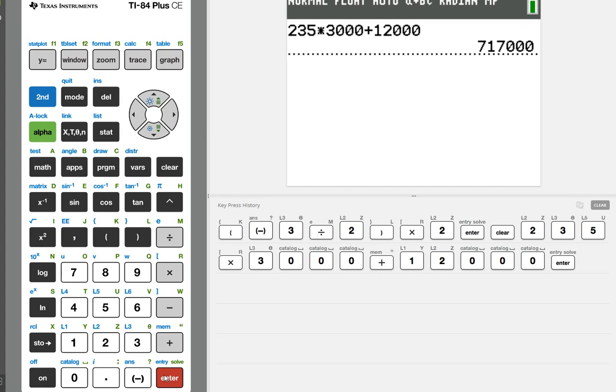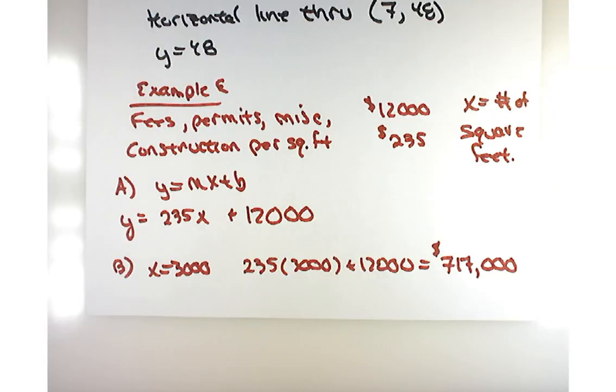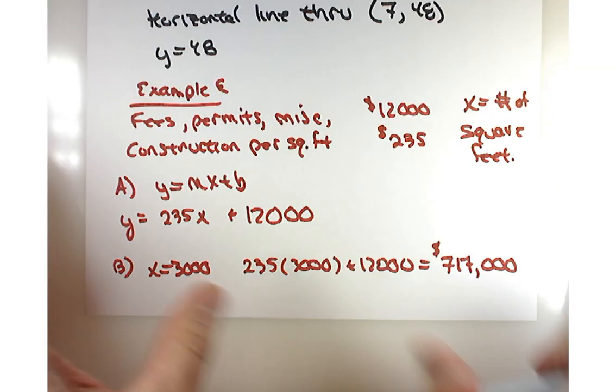So 235 times 3,000 plus 12,000 equals 717. So a pretty good pile of cash to come away with a 3,000 square foot house. So maybe your sights are a little lower. Like, you know, I don't have quite that much money in the budget. So let's set our sights a little bit lower.